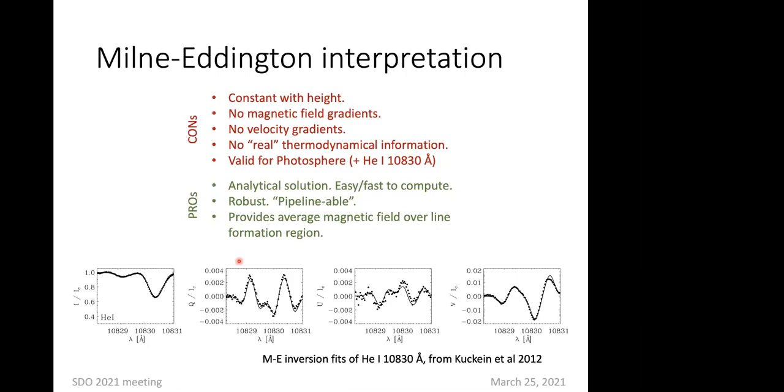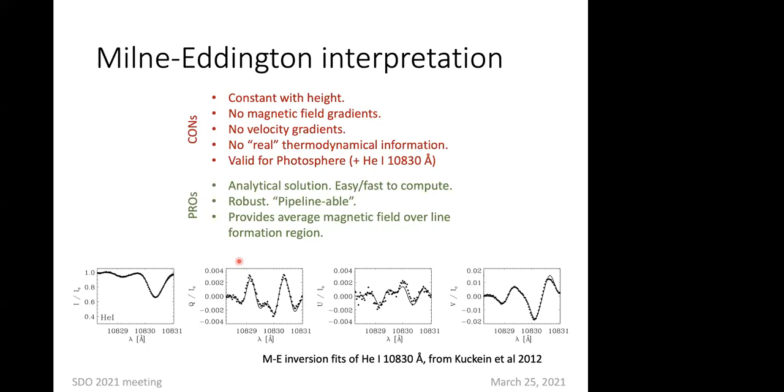Also, this approximation parameterizes the shape of the spectral line with a set of somewhat arbitrary parameters that do not bear any relationship to the thermodynamical properties of the atmosphere, which means that when you do Milne-Eddington inversions, you cannot get information directly about the thermodynamics of the atmosphere, the temperature, the density, you name it.